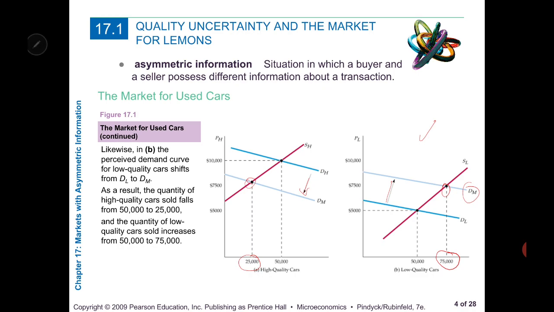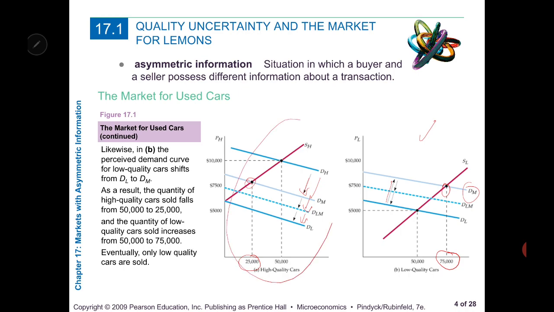So in this case they will keep on pushing the demand down to low, low-medium, and then eventually all the way to low, because the perception is that in the secondary market there are no more high quality cars.